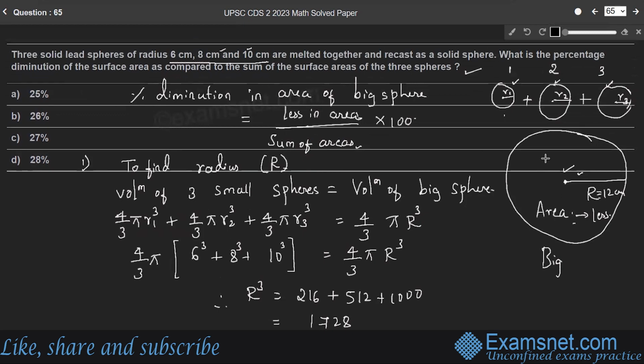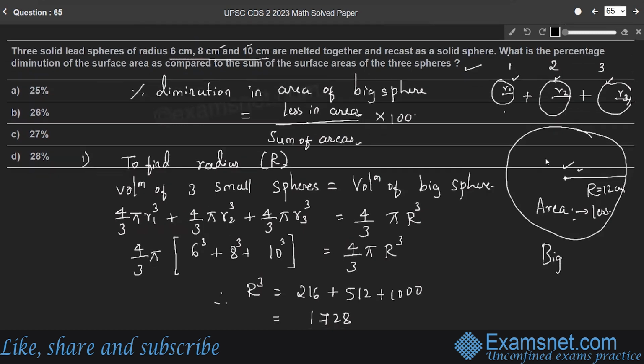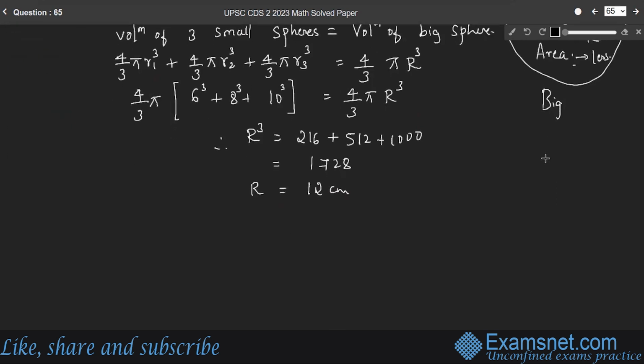We have to find the percentage diminution in the area of the big sphere, so let us find the areas now. The second step is to find areas. The area of a sphere is 4 pi r square.